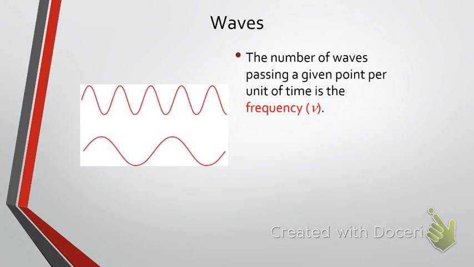Now, the number of waves passing a given point is done in cycles per unit time, and that's the frequency. Okay, and so with frequency here, they use different units.